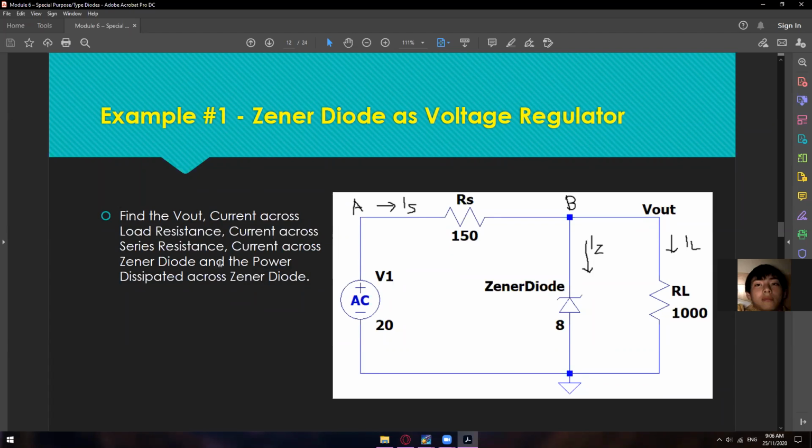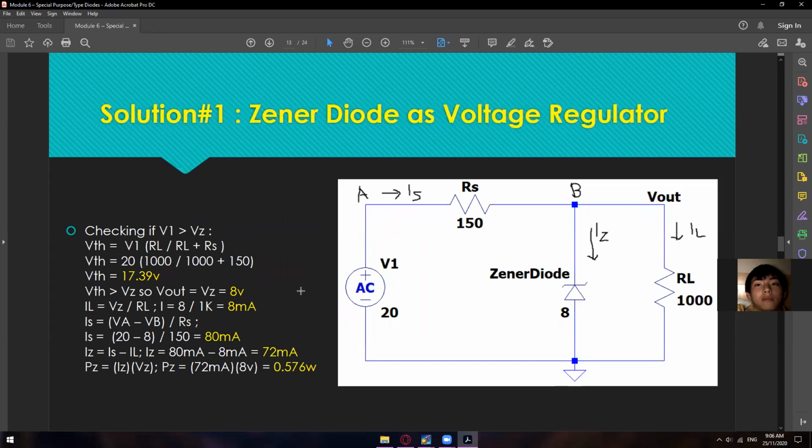As you can see right here, we have a voltage source of 20 volts, a series resistance of 150, a load resistance of 1000, and a Zener breakdown voltage of 8 volts. And then we have here node A and node B, just to have an easier explanation. So without further delay, let me show you the solution.